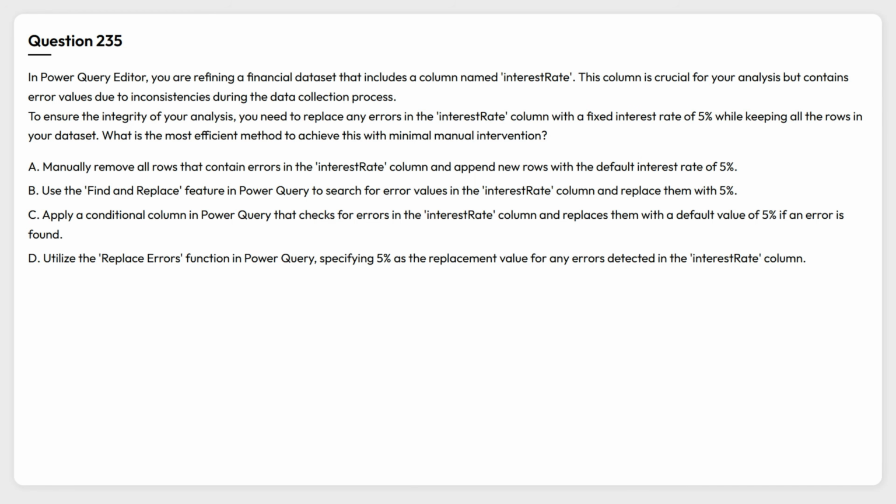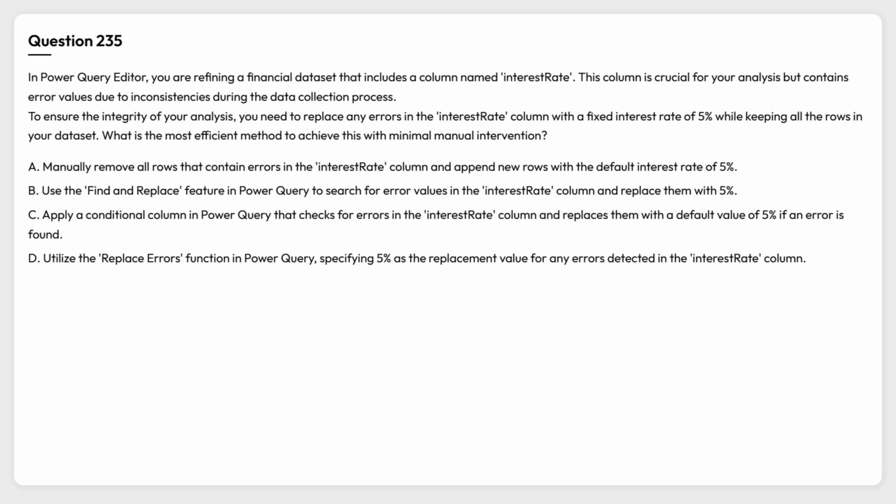Question number 235. In Power Query Editor, you are defining a financial dataset that includes a column named interest rate. This column is crucial for your analysis, but contains error values due to inconsistencies during the data collection process.